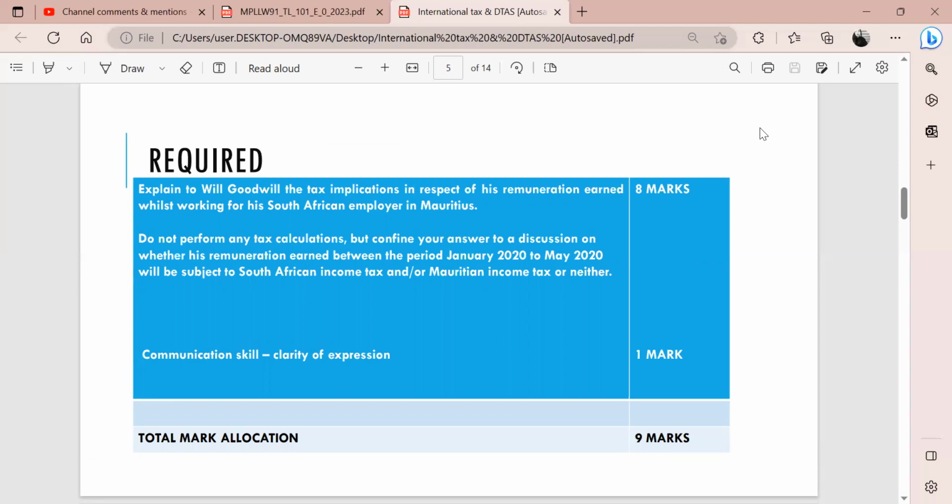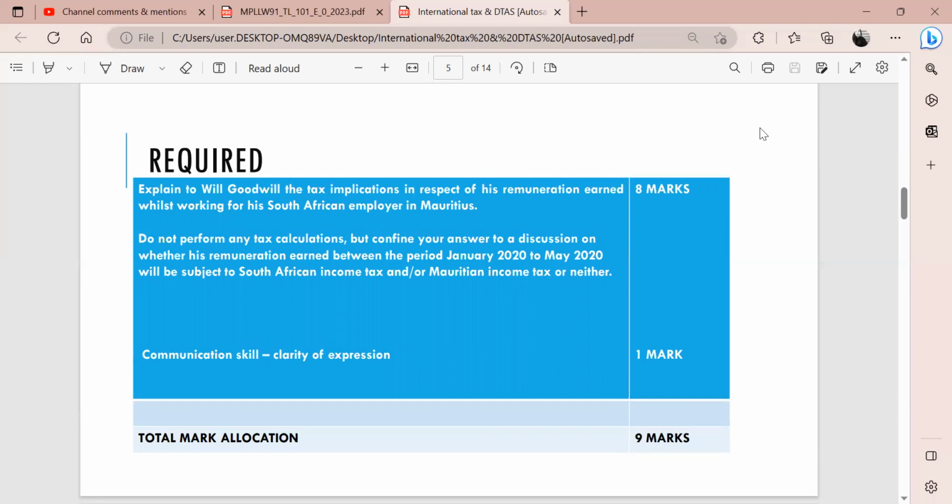Do not perform any tax calculations, but confine your answer to a discussion on whether his remuneration earned between the period January 2020 to May 2020 will be subject to South African income tax and or Mauritian income tax, or neither. There's an extra mark allocated to communication and clarity of expression. The total mark allocation is 9 marks.